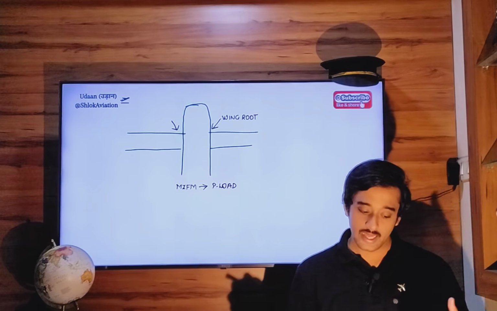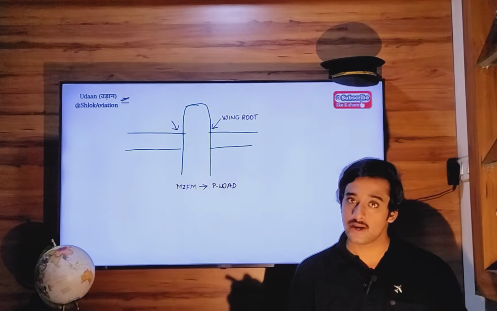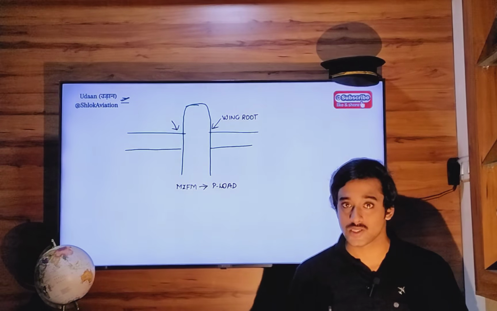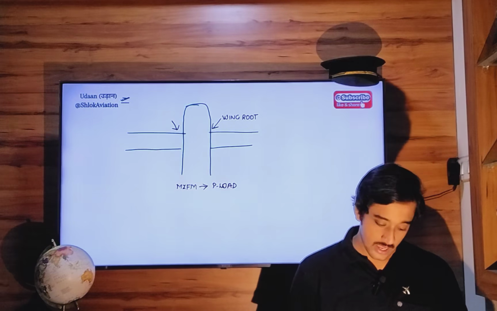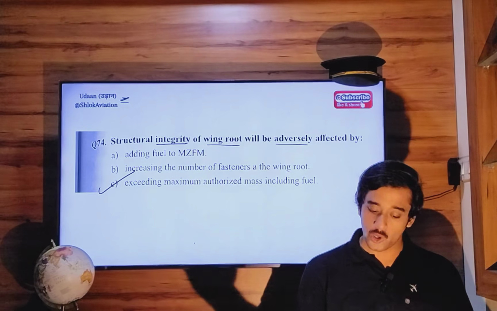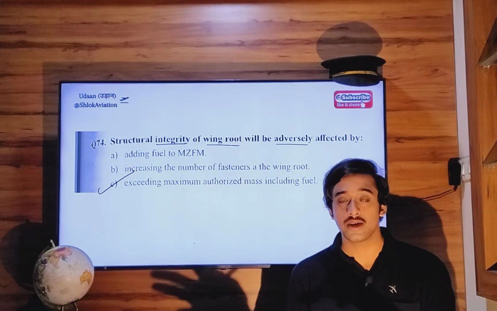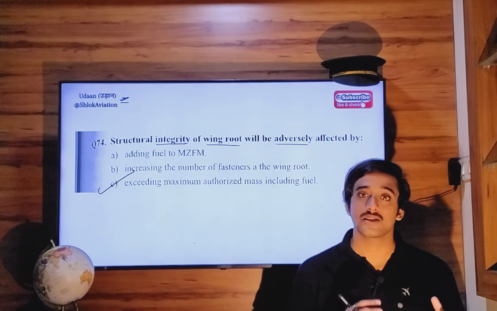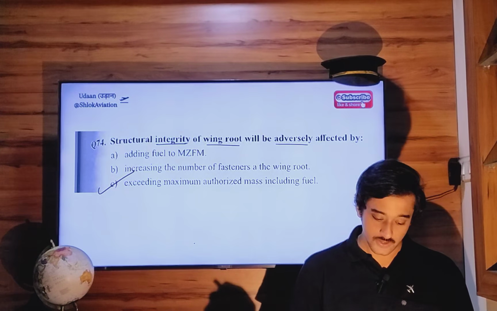Okay, so any crossing of the maximum limit will have adverse, negative effects on the wing roots of this aircraft. All the load will be imposed on the wing roots. Okay. So the correct answer here is option Charlie. Exceeding maximum authorized mass, including fuel. So exceeding maximum authorized limit with respect to the payload, exceeding maximum authorized limit with respect to fuel. Both of these things must be kept in mind.